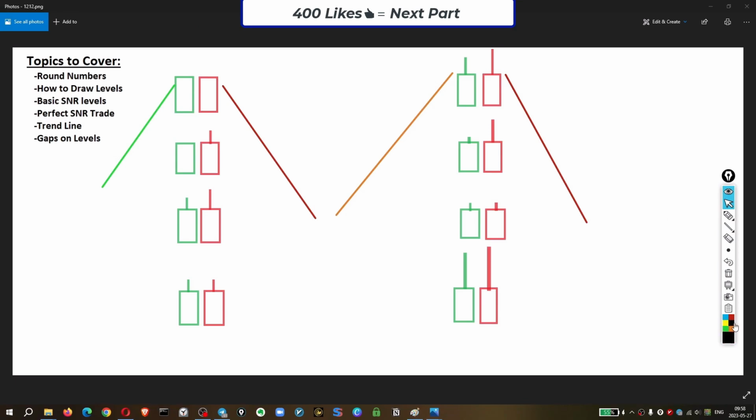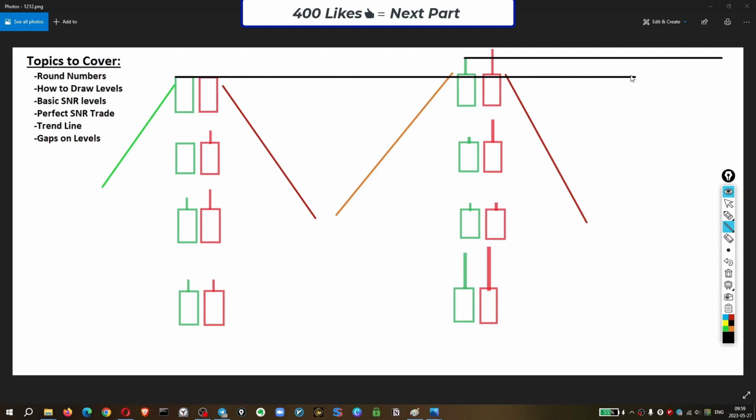So when we're trying to draw the level, listen carefully, guys. We're going to draw a line from the body of the candles, and one common area. There is no shadow, so we have 2 shadows here.